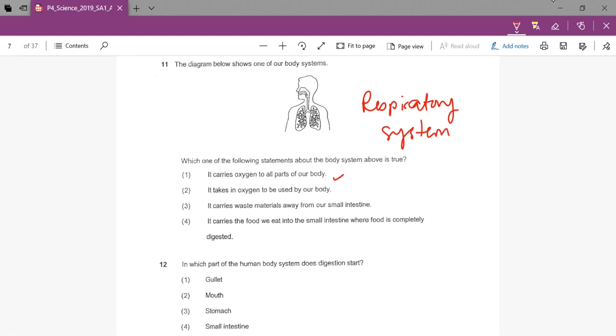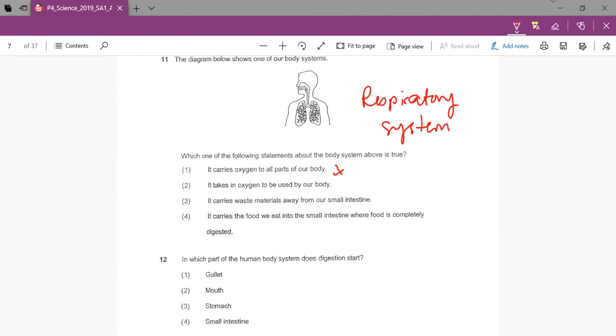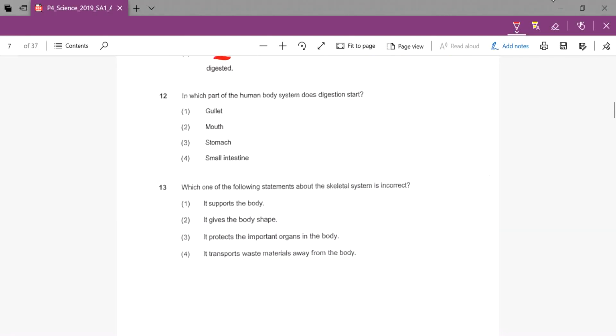It is actually carrying, right, is by circulatory system. Okay, if you see the word carry, it's by circulatory system. Okay, takes in oxygen to be used in our body. Yes. Carries waste materials. You see the word carry is the circulatory system again. So 3 and 4 are wrong.